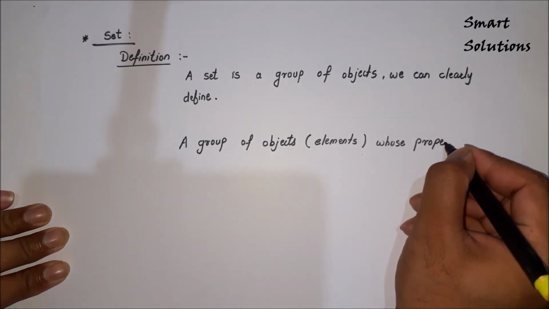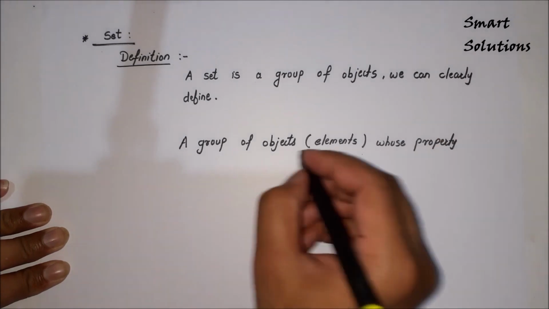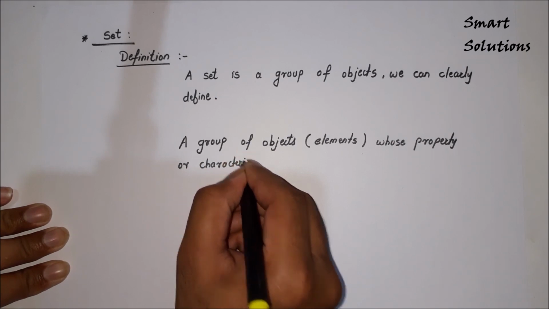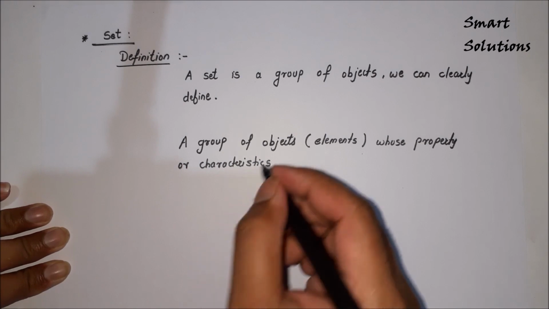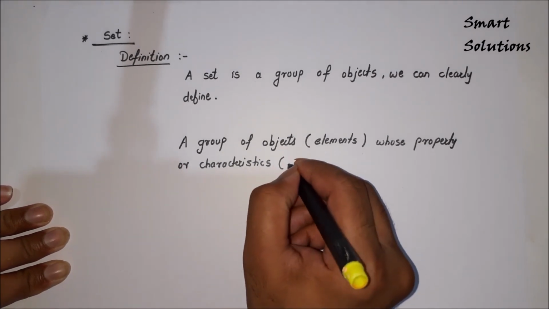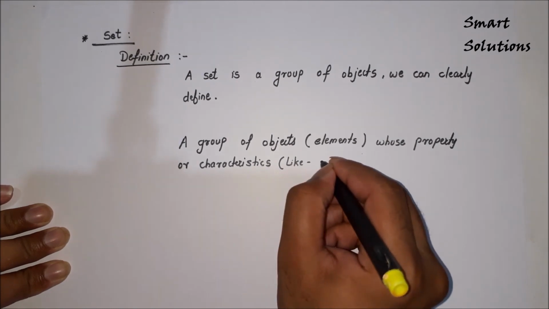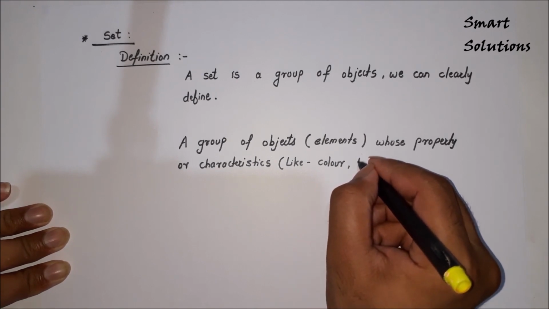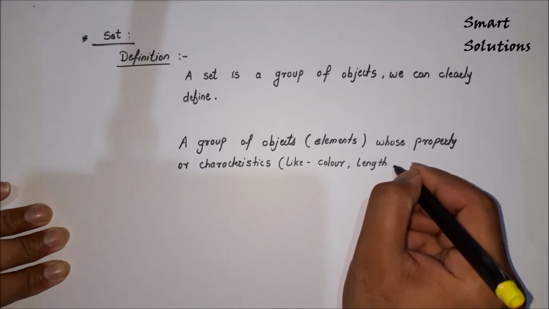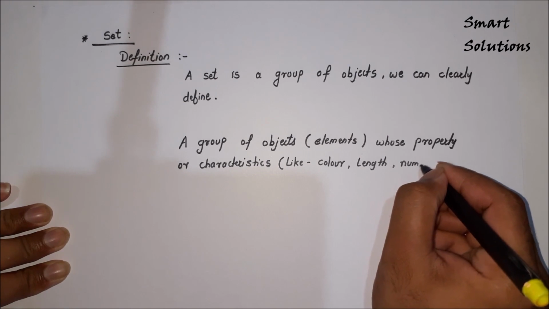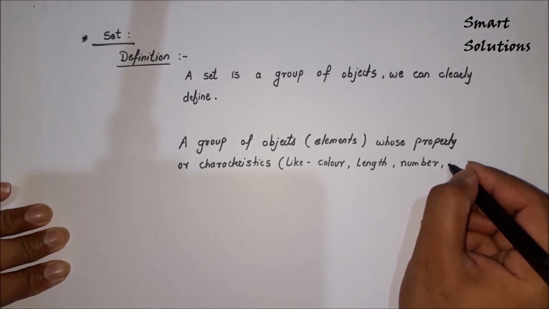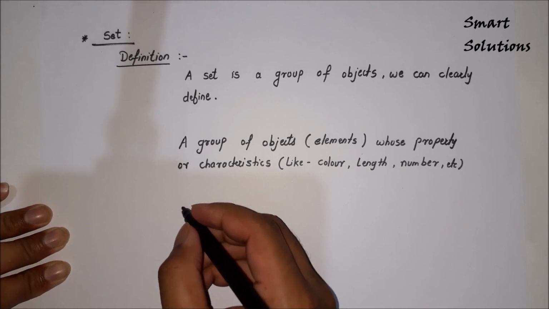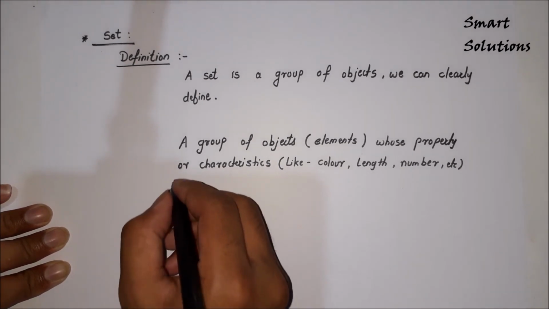property, or we can say characteristics, and what characteristics or properties we have talked about, like color, or length, or it could be some number, etc. All such properties we can clearly define.